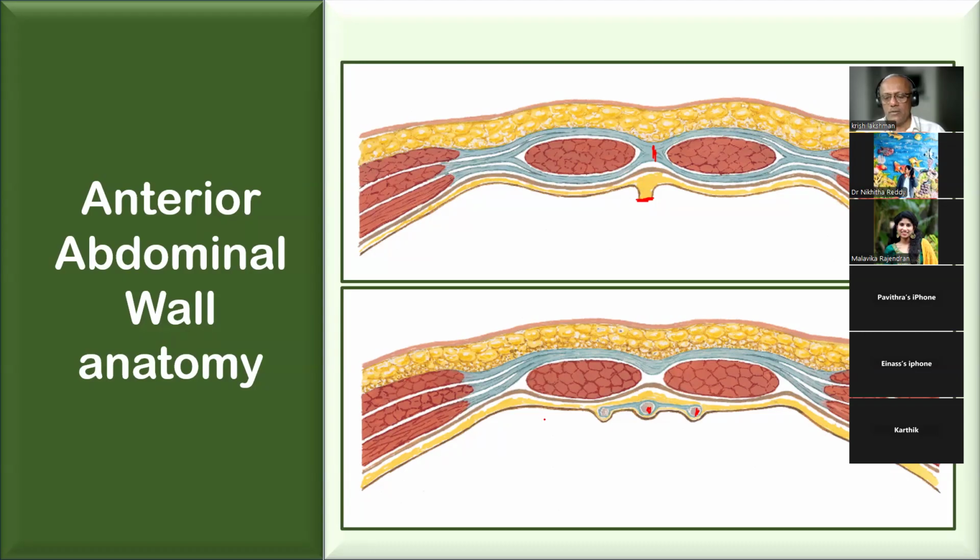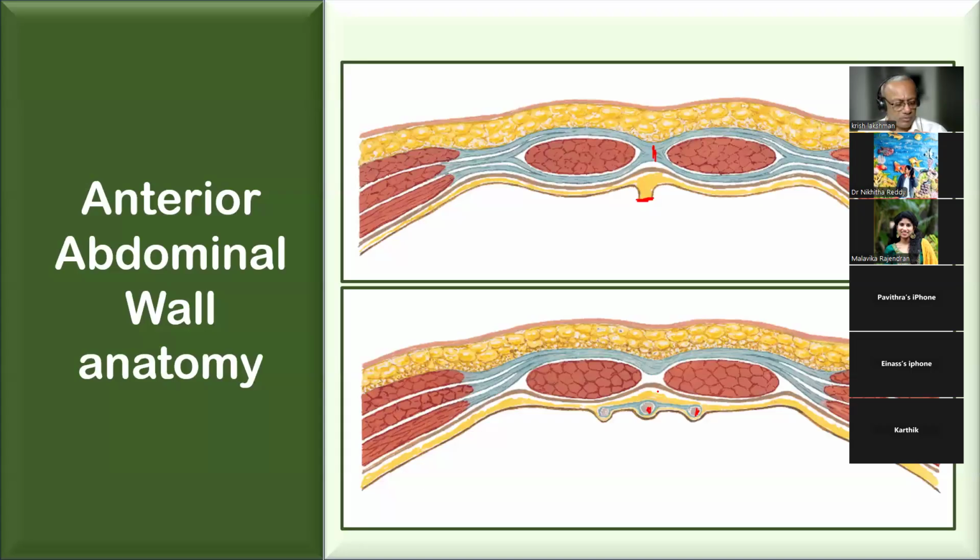Inferior to the umbilicus you have the arcuate line, and inferior to that, there is no posterior sheath. All the three aponeuroses of the three abdominal muscles go in front of the rectus and form the linea alba. Linea alba is complete anyway, but the posterior rectus sheath is non-existent below the arcuate line.